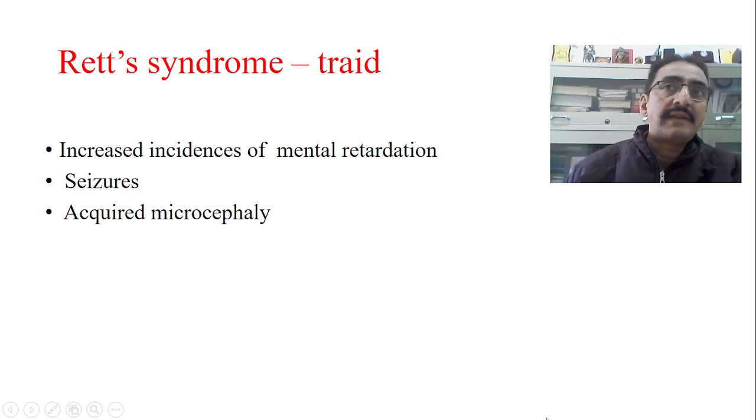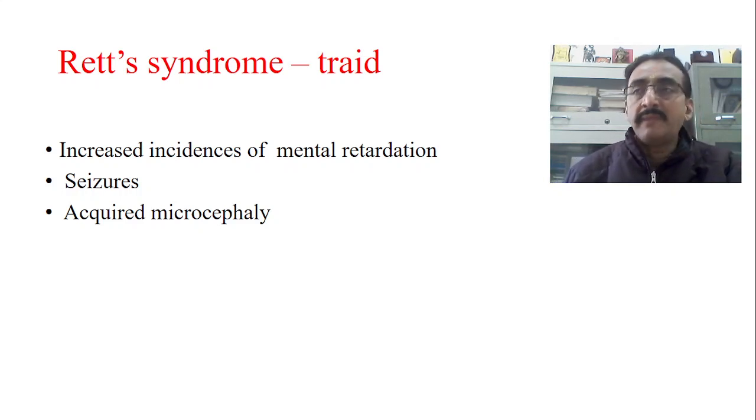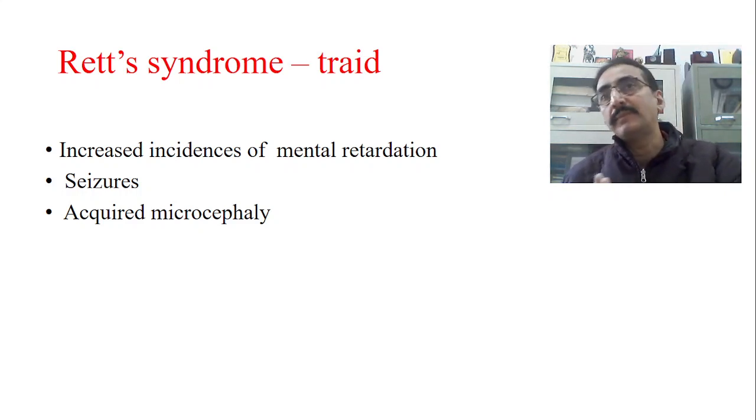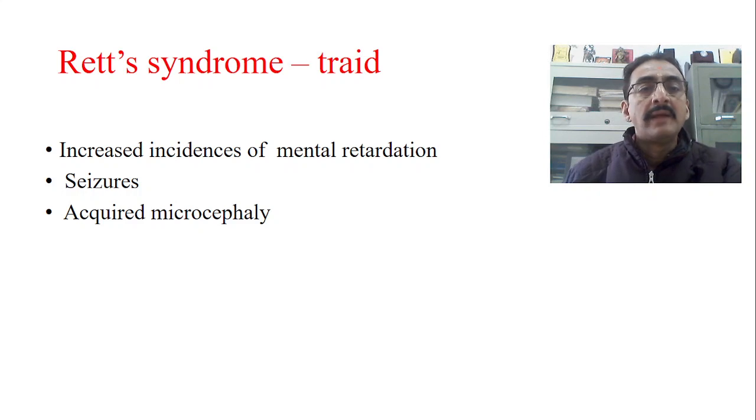Now, if you look at the traits of Rett syndrome: increased incidence of mental retardation, seizures, and acquired microcephaly. So these are the three things. Suppose the child starts with a seizure, has gradually increasing mental retardation, and is also developing microcephaly, then immediately you have to think about Rett syndrome.